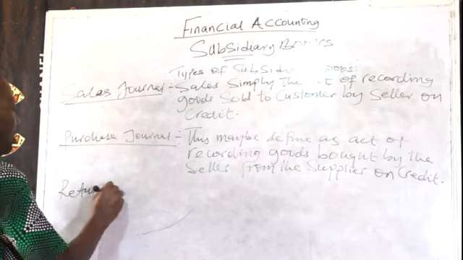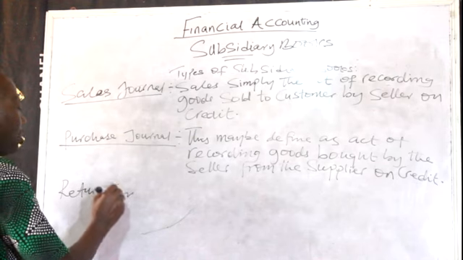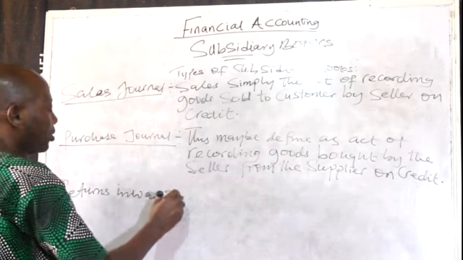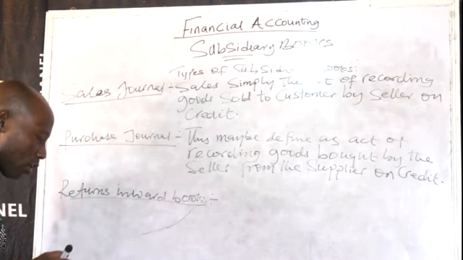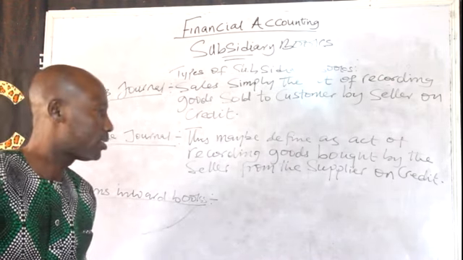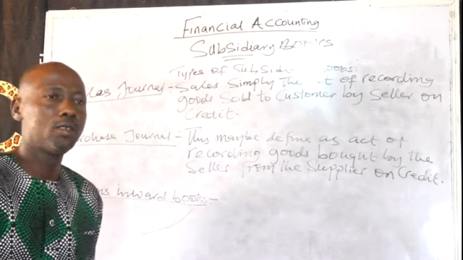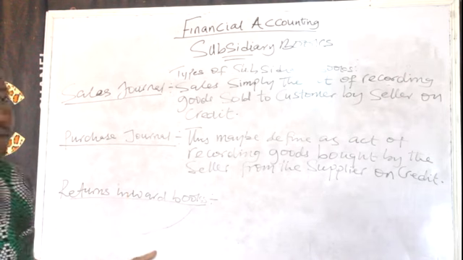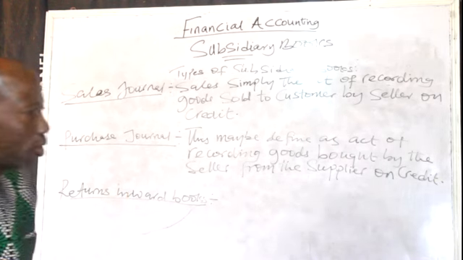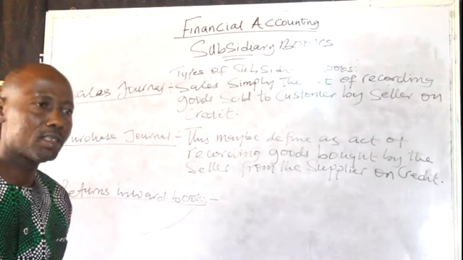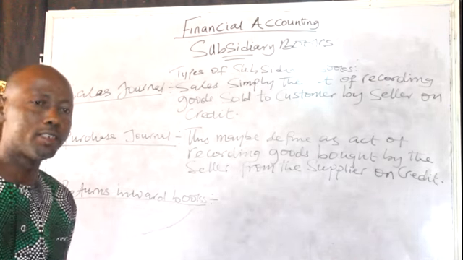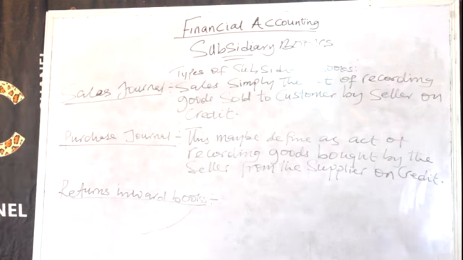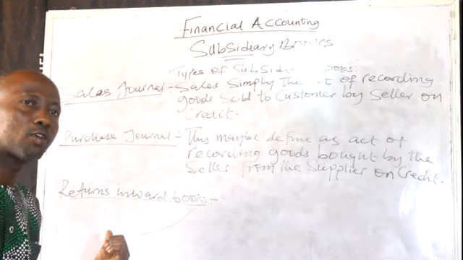Returns inward book. The returns inward book simply means the goods sold by the seller to the customer, but due to one thing or another, like if the goods did not meet the standard or are low in quality, due to damages, due to defects, they might be returned to the seller by the customer.